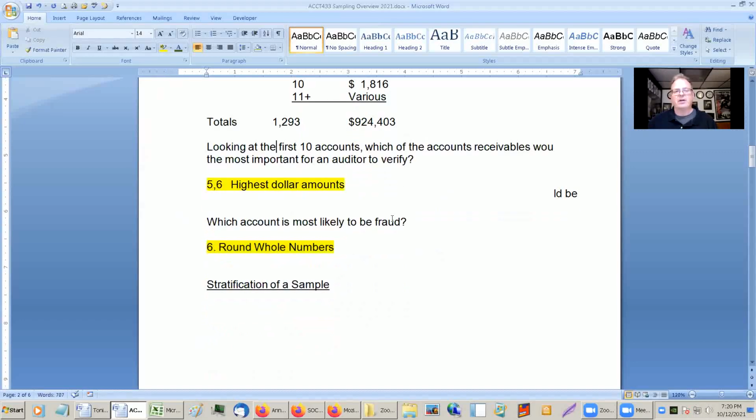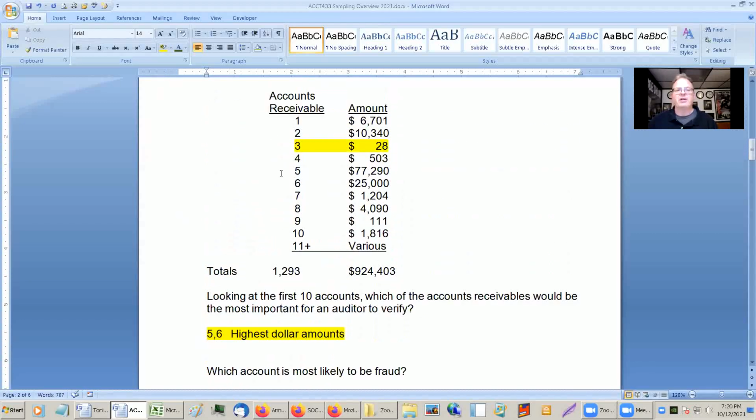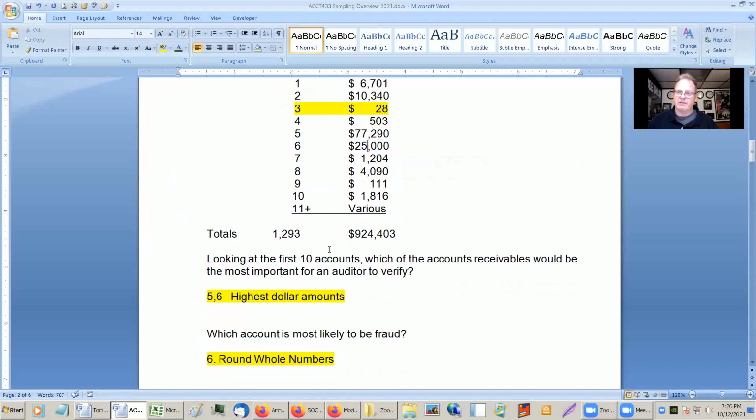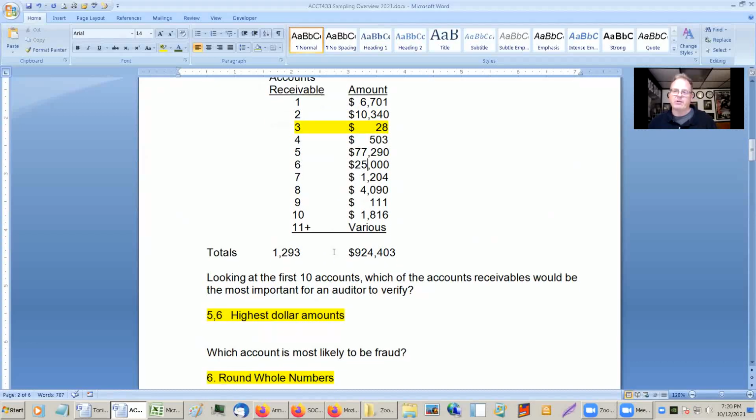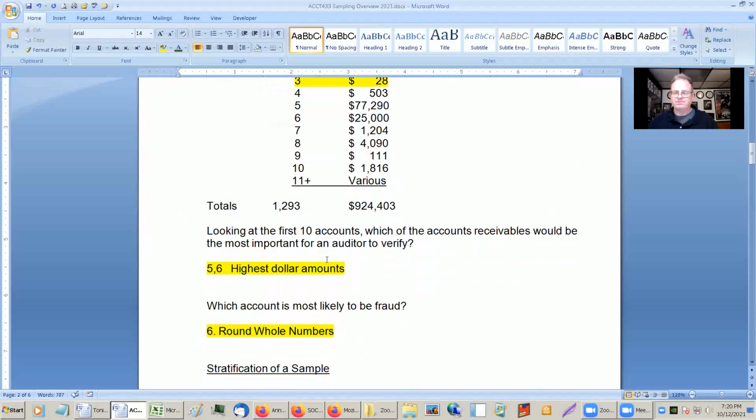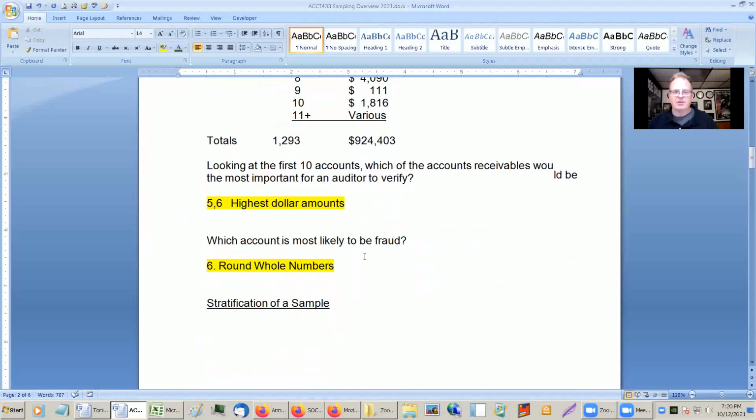Okay, so because these bigger numbers are more important, you might stratify it. In other words, you might break this up into a number of different samples.